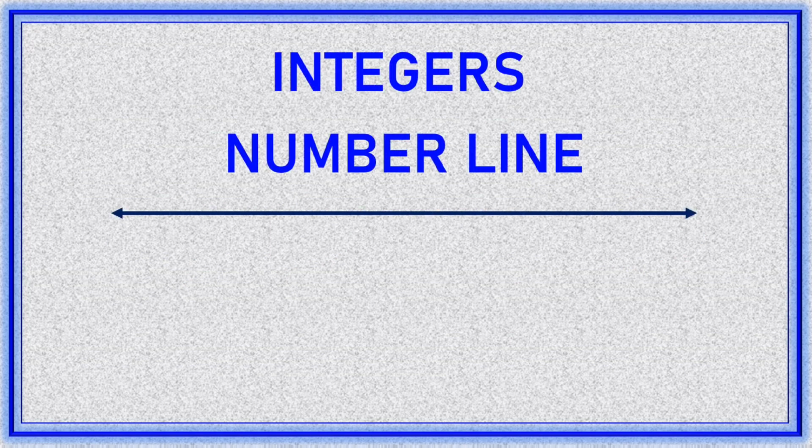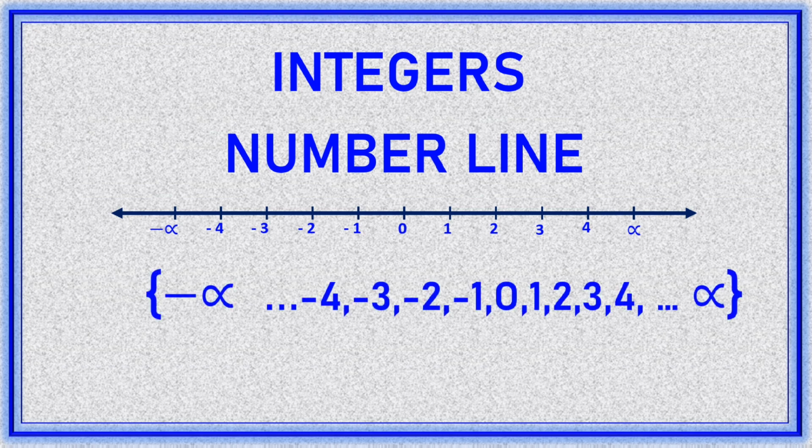Integers, on a number line. On the left side of 0: minus 1, minus 2, minus 3, minus 4 and so on up to minus infinity. On the right side of 0: 1, 2, 3, 4 and so on up to infinity.